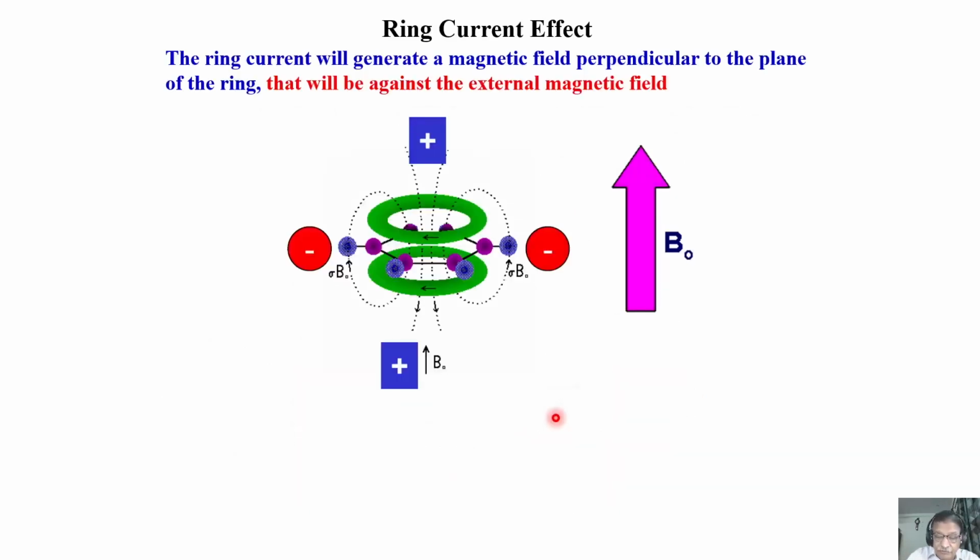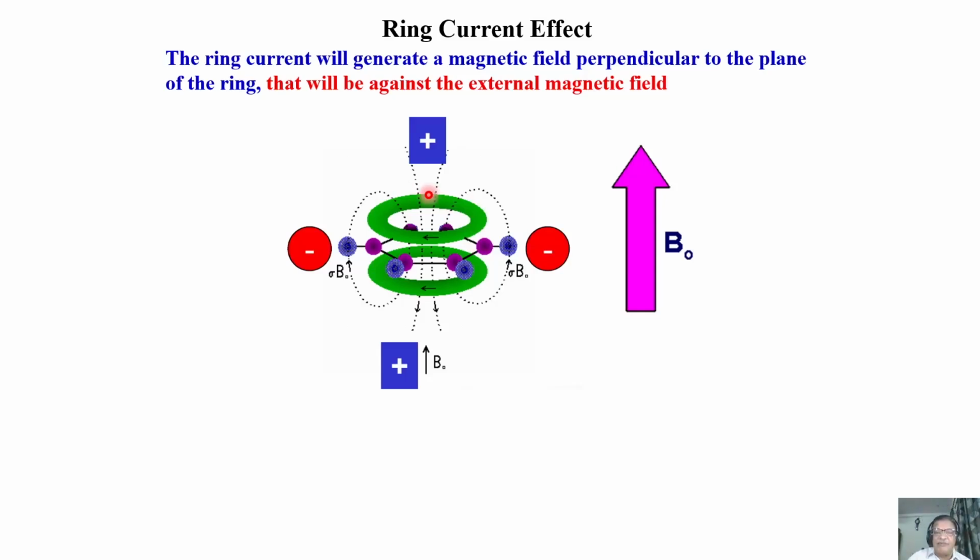So another thing is about the ring current effect. There is another important phenomenon called ring current in aromatic rings. You all know in benzene and other such molecules, there is a ring current. That is because the electrons moving around in the ring generate a magnetic field. How does it generate a magnetic field?